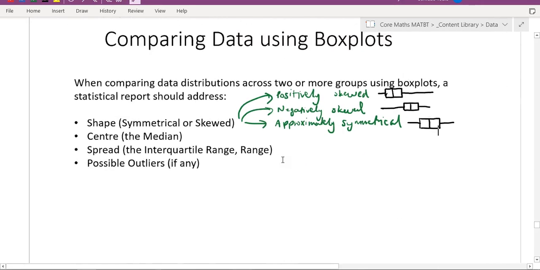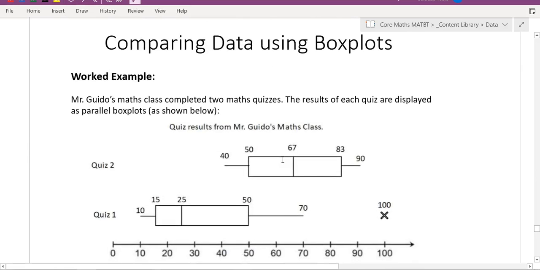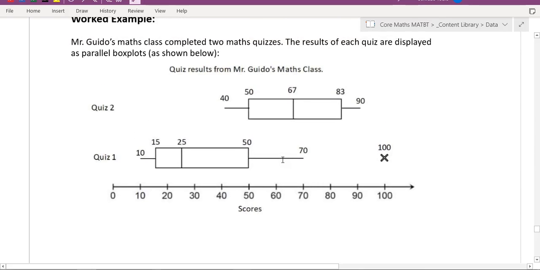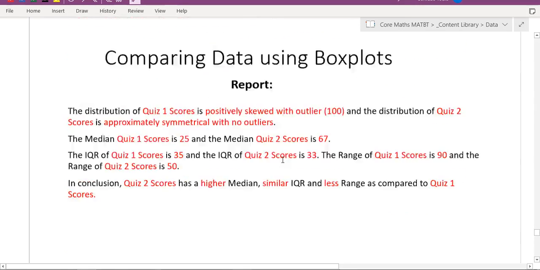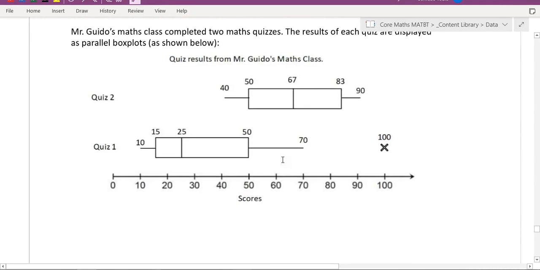Okay, so let's do some examples of comparing box plots. So let's look at these two box plots here. Before we actually start comparing, and I know there are already answers there, you want to talk about the shape, the center, the spread, and the outliers.